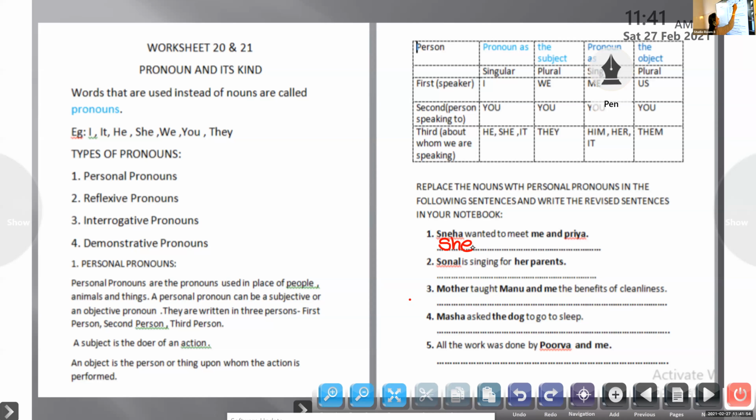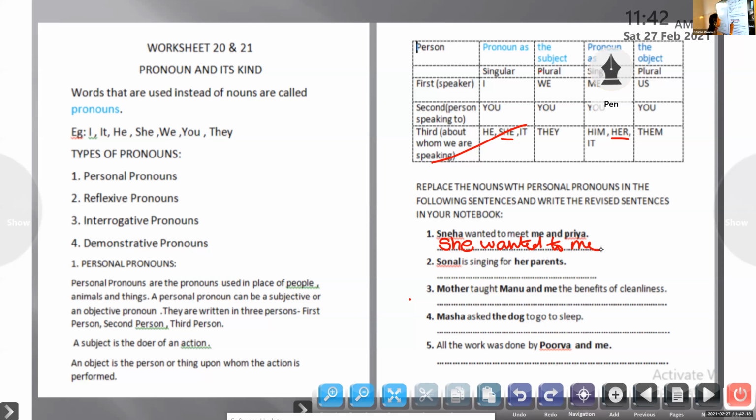Okay, so look at this table, children. Look at this table very well. Okay, all of you please do look at this table. If it is a pronoun used as a subject, it should be she. If it is used as an object, we have to use her. Okay, so she wanted to meet. If it is me and Priya, what do you write there?